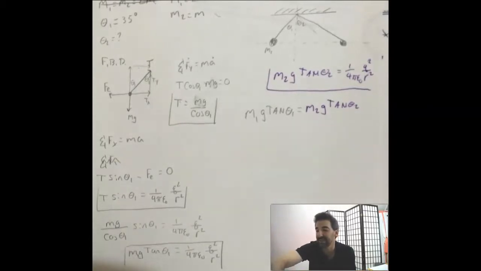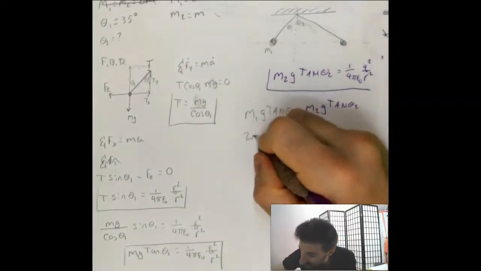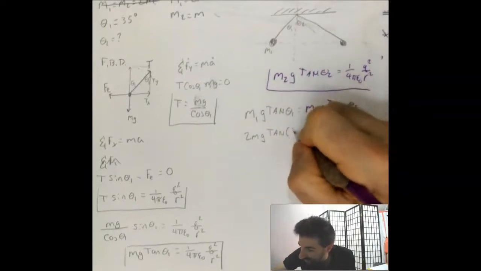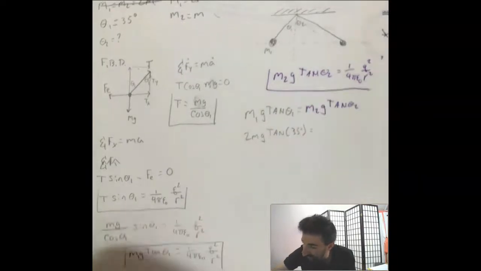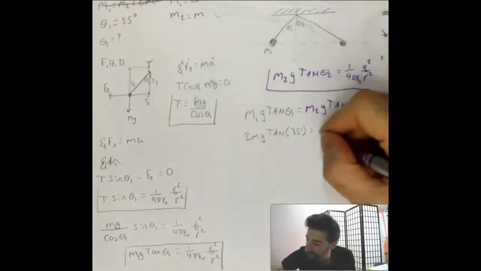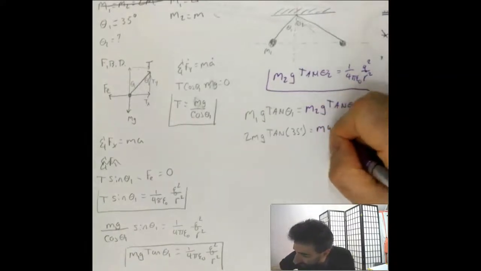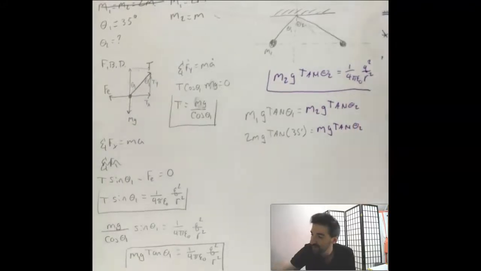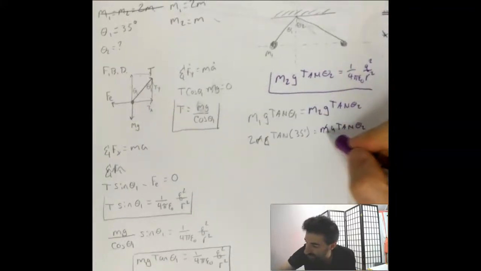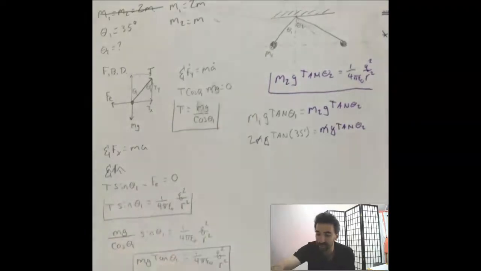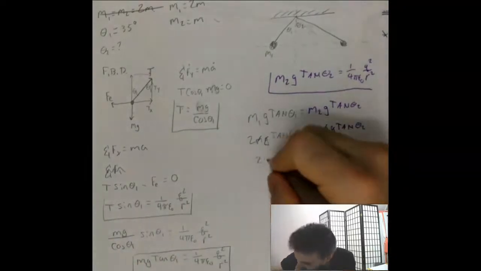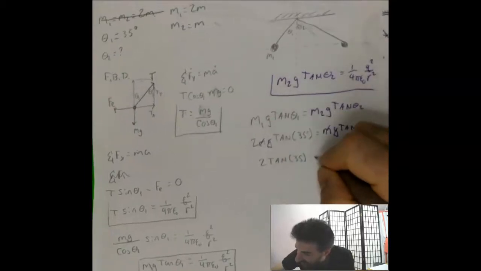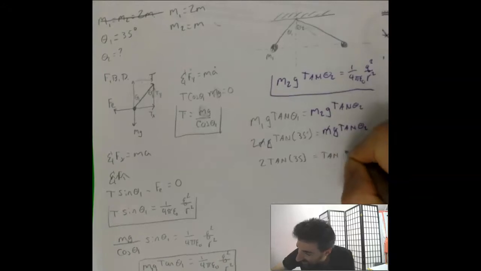As I said, m1 is really 2m, so 2mg tan, I can put in my 35 degrees here because we're just about solved, is equal to mg tan theta 2. And I get rid of my m, get rid of my g, get rid of my m, get rid of my g, and I am left with 2 tan 35 is equal to tan theta 2.